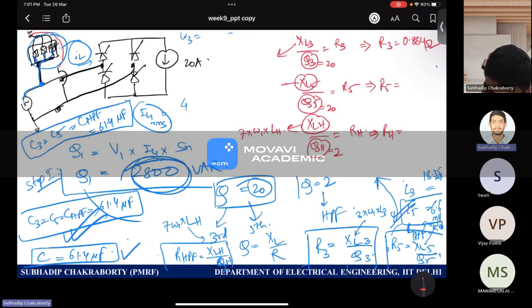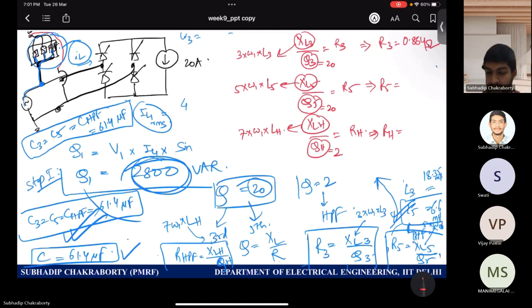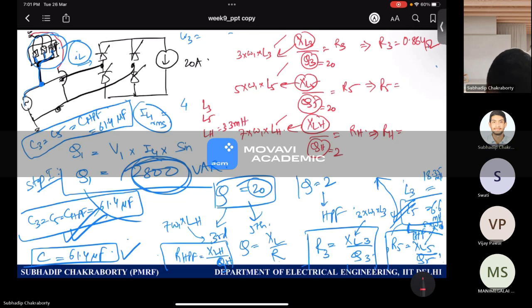For this you do 5 times omega 1 times L5 and 3 times omega 1 times L3. L3, L5 and LH values we have already calculated. I will give 3.3 millihenry, 6.6 millihenry, and L3 value is 18.3 millihenry.